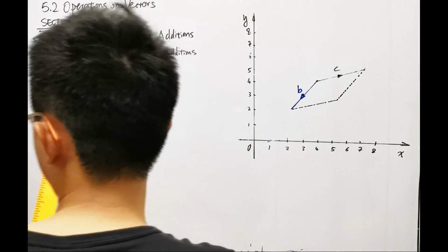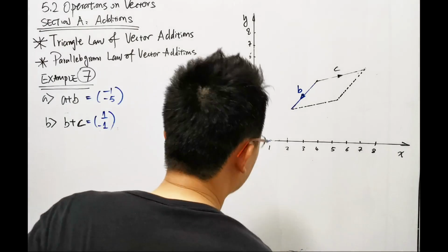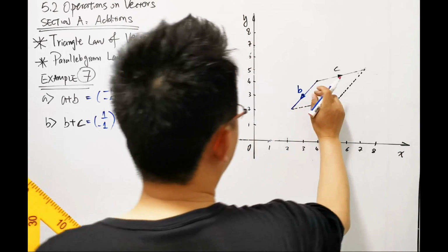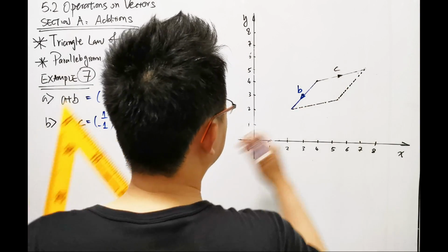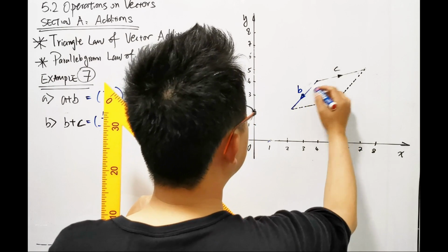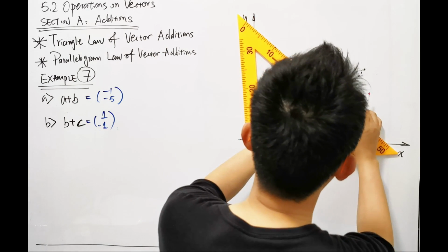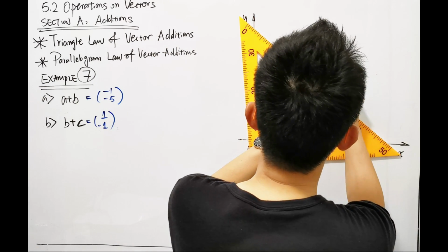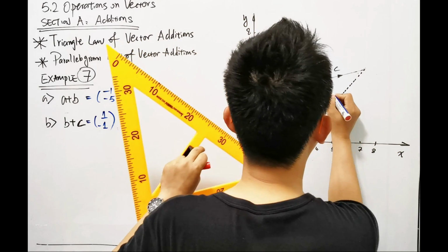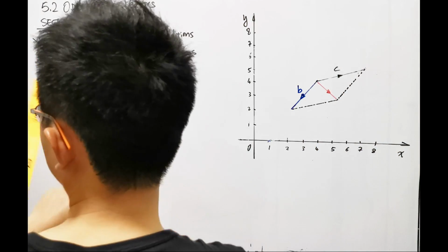Now, the next one. Okay, so we have this parallelogram. Now we know A plus B. We know B plus C equals the diagonal of this, right?